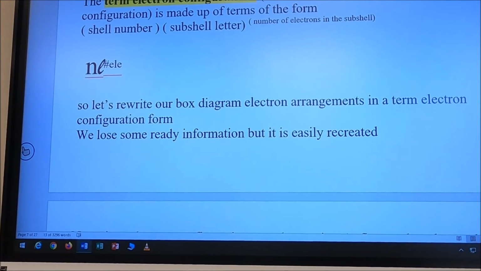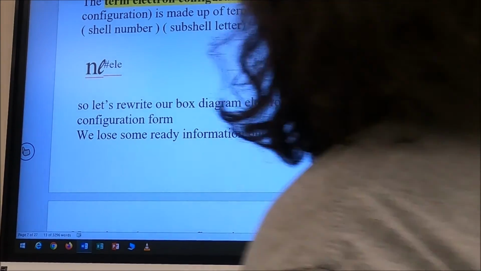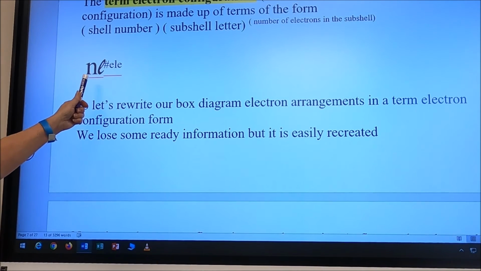A term electron configuration, or sometimes just called the electron configuration, is made up of terms that give a shell, subshell, and as a superscript, the number of electrons in the subshell.